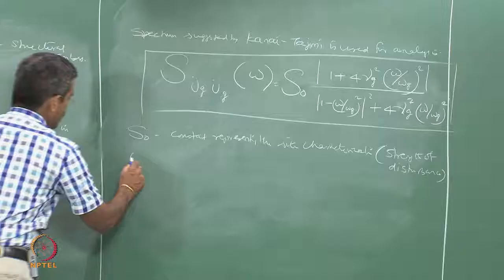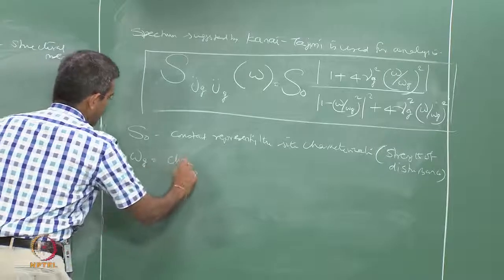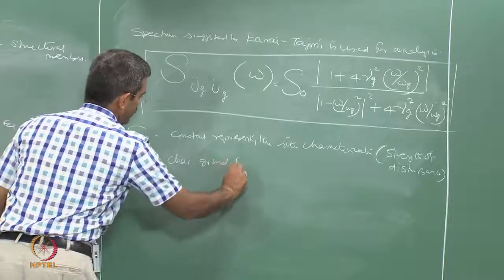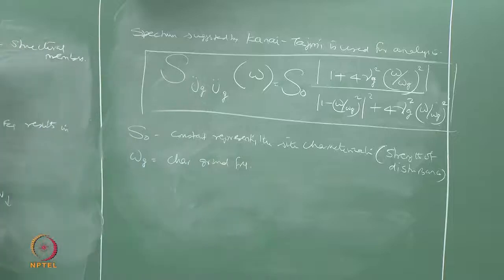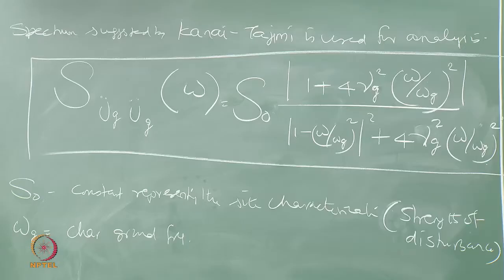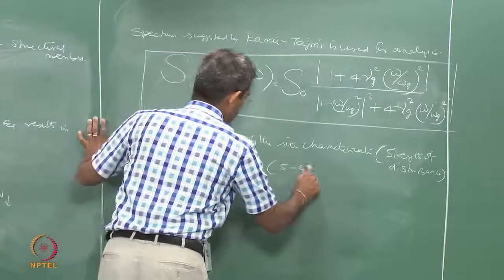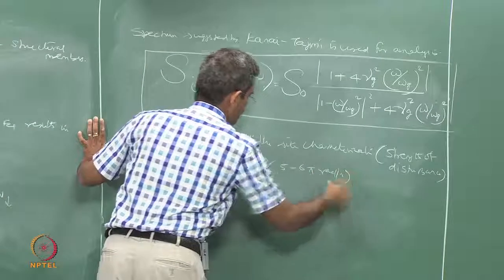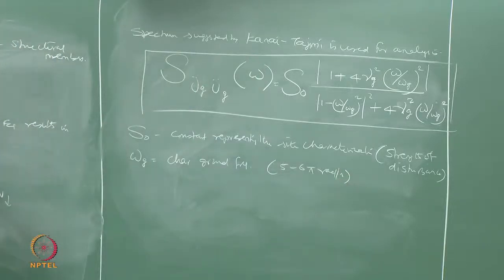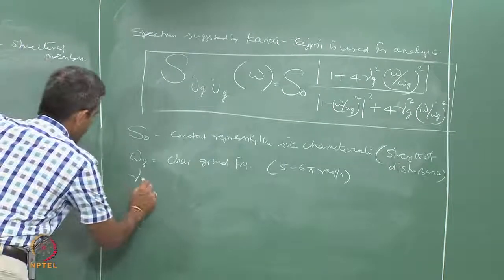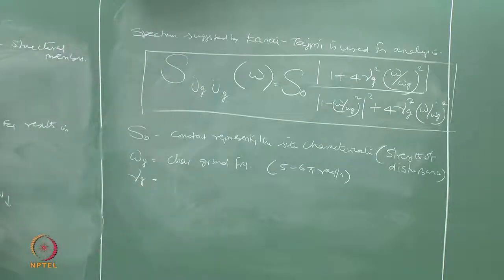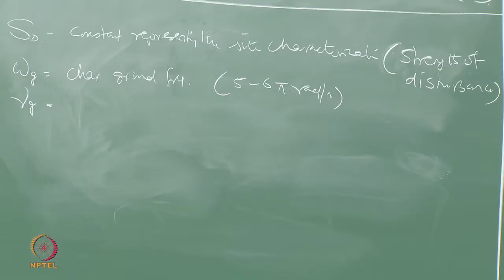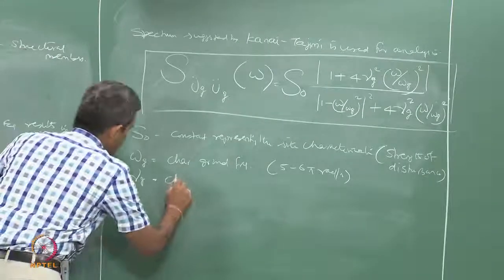Omega g is called the characteristic ground frequency, which is usually 5 to 6 pi radians per second. Nu g is called the damping term, which is the characteristic ground damping.